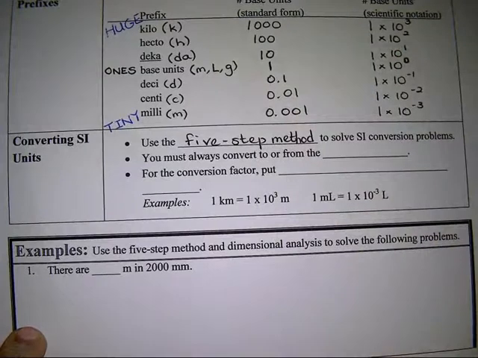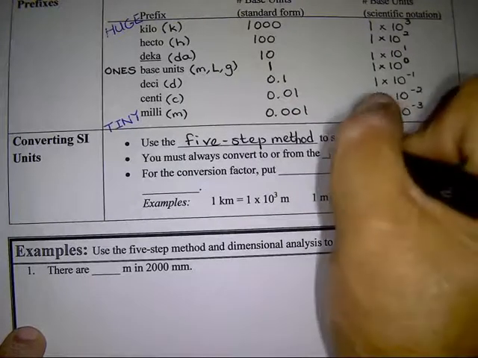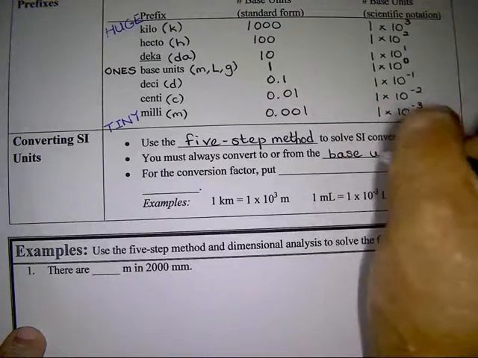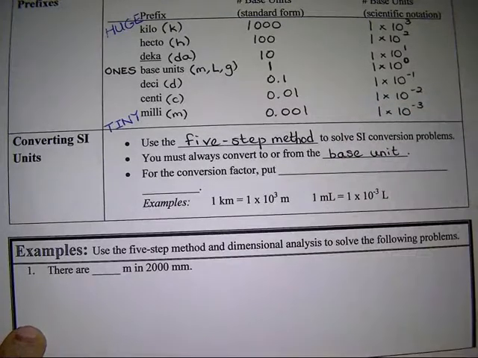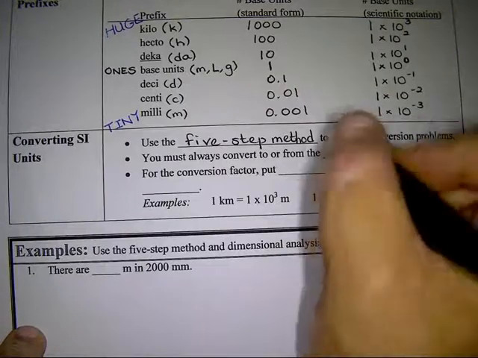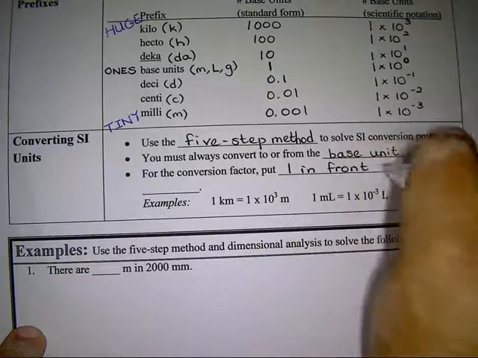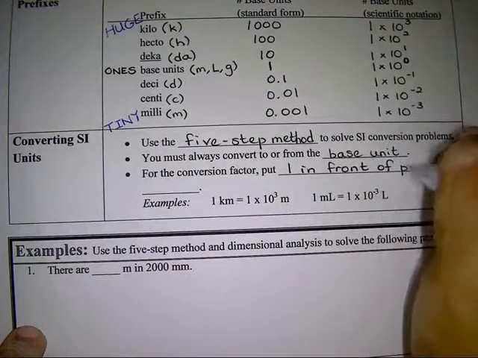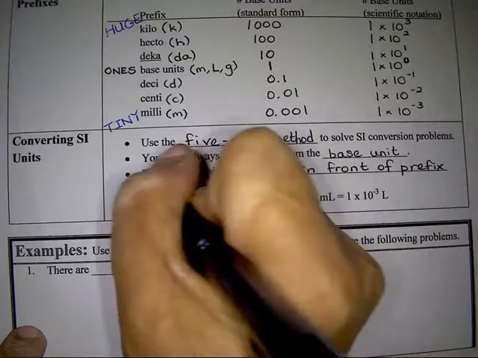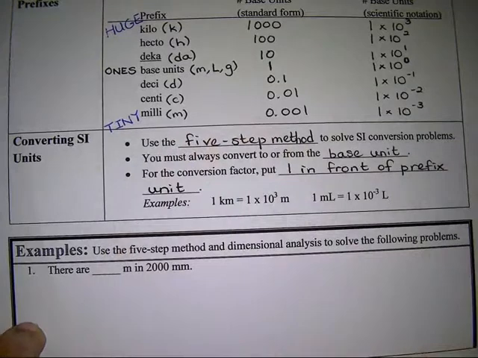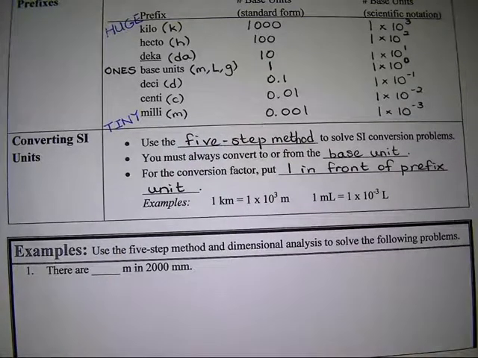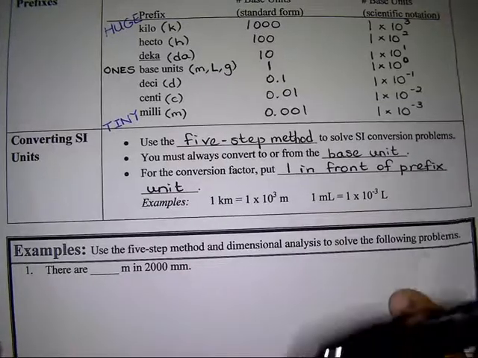Okay, you must always convert to or from the base, or the 1. For the conversion factor, put 1 in front of the prefix unit. So we are going to do a few examples to illustrate what I mean by this. So let's do example number 1.